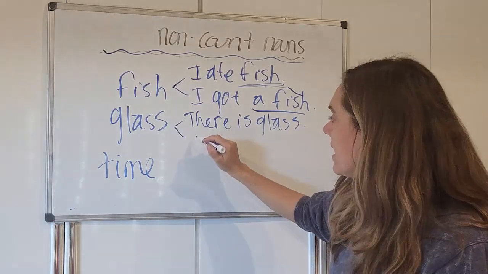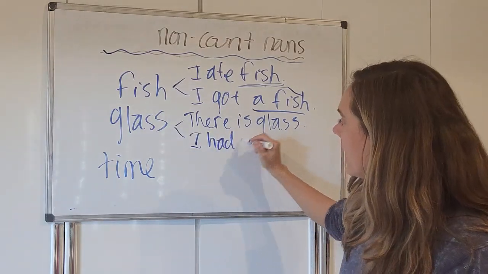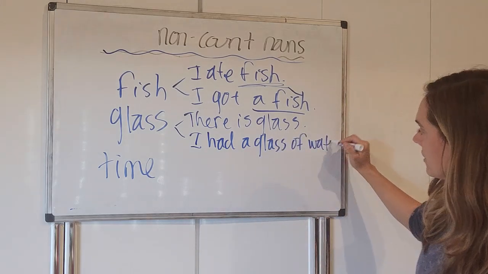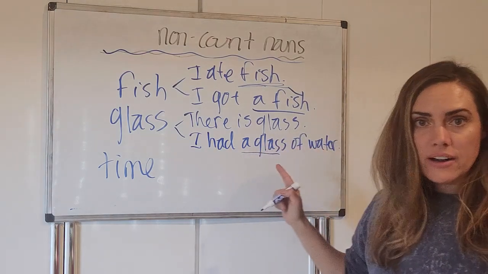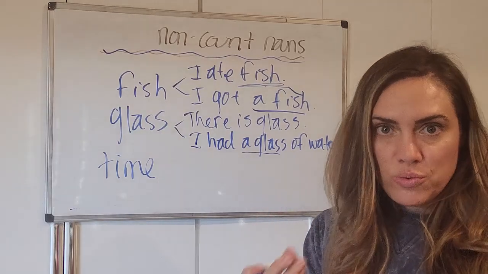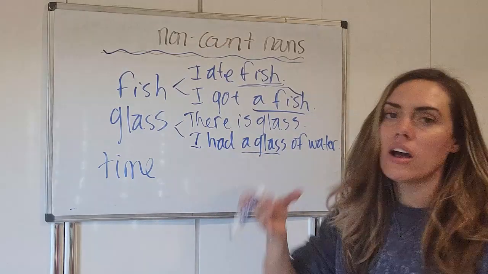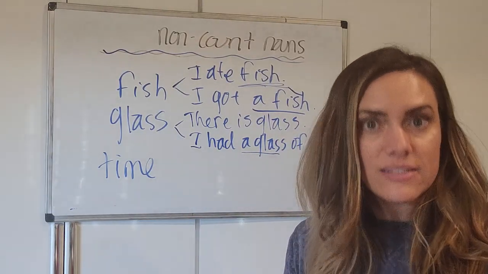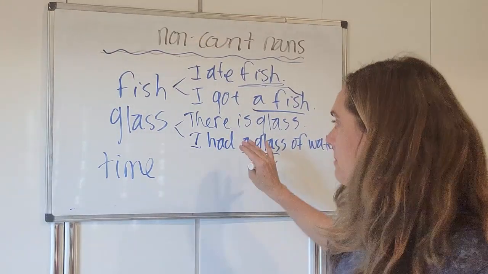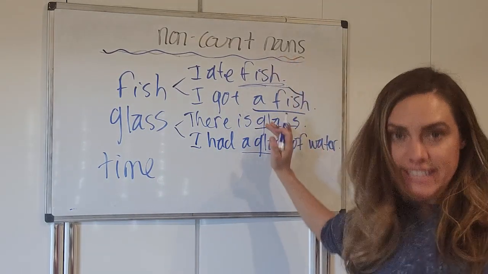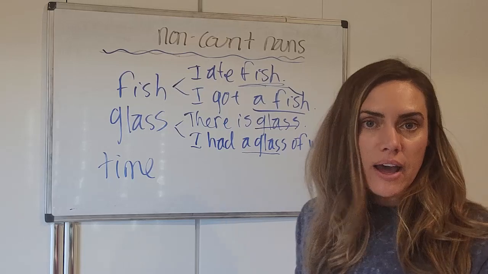But I can say I had a glass of water. Here, I'm not talking about the actual solid thing. I'm talking about a cup, but we say a glass sometimes. So you can see the meaning changes here.